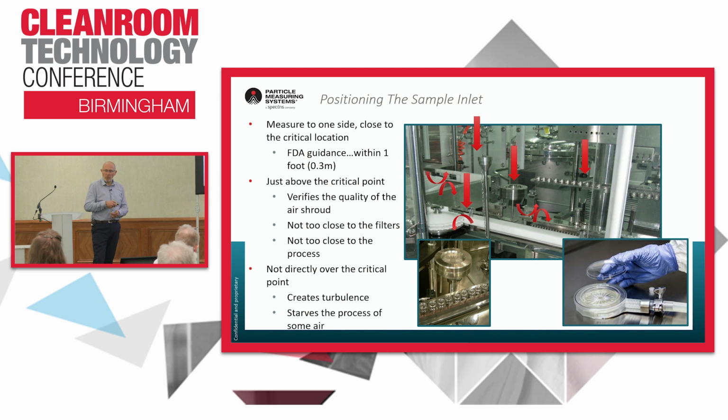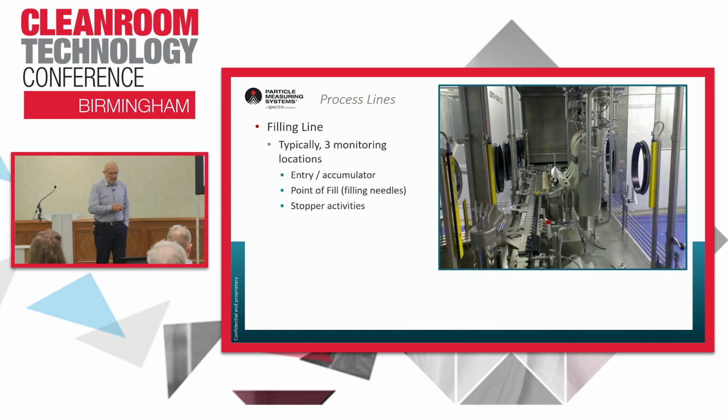We're seeing more of that as we come into robotics and reducing interventions. Those are lightweight plastic ones that can be placed by robotics. Filling lines, again, depending on the size of the line, there's no one size fits all, but typically 3 locations.